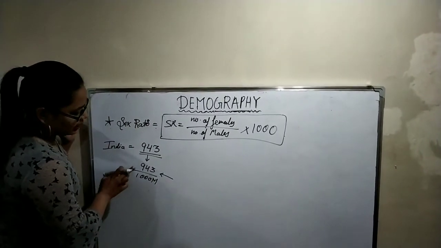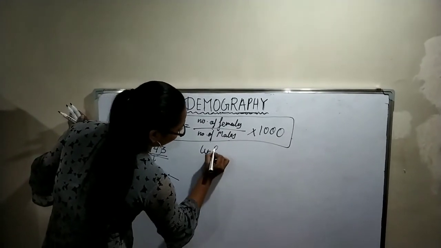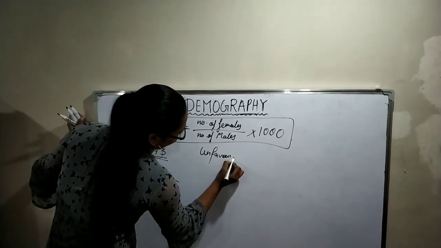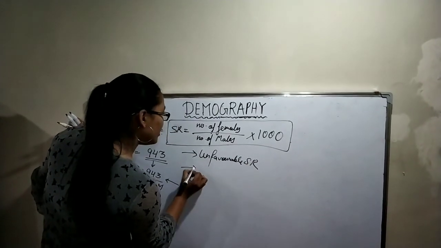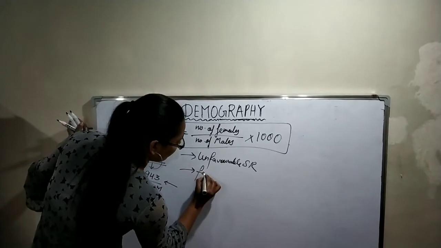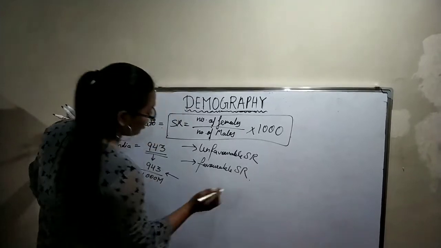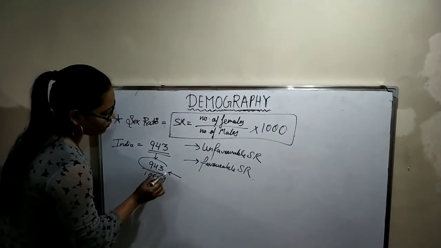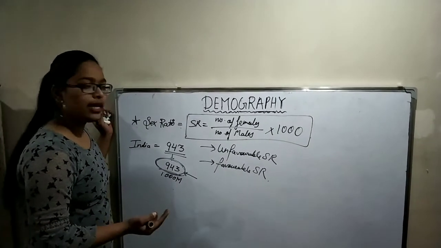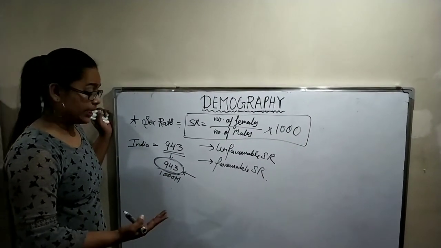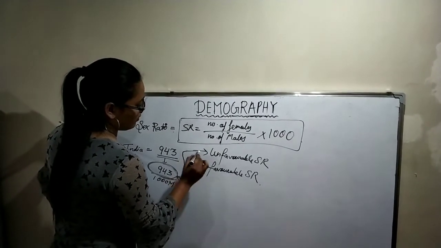If it is less than 1000, then it is unfavorable sex ratio. And if it is more than 1000, then it is favorable sex ratio. So why does India have unfavorable sex ratio? Because of the female infanticide, female feticides. So that's why India has unfavorable sex ratio.